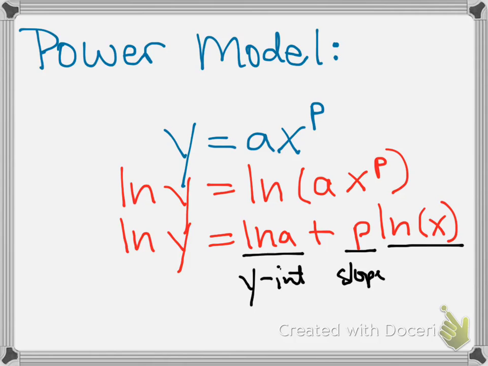So we're actually taking the logarithm of both our x and our y variables. That is the biggest difference between using the power model transformation and the exponential transformation. If you've got a power model that you're starting with, you're going to have to take the logarithm of both x and y when you're doing the transformation. So that means that on your calculator, you're going to have the logarithm of x in one of your lists and the logarithm of y in another list.